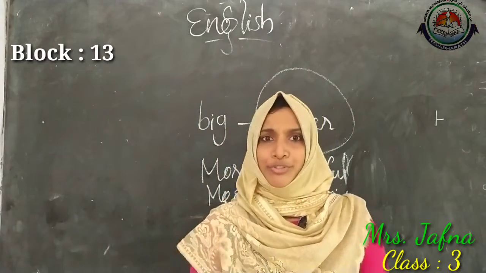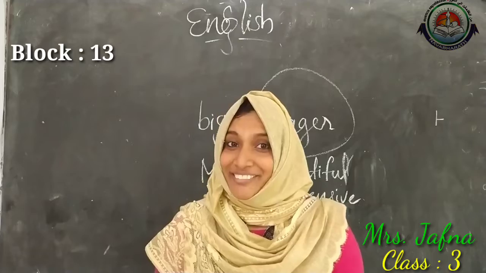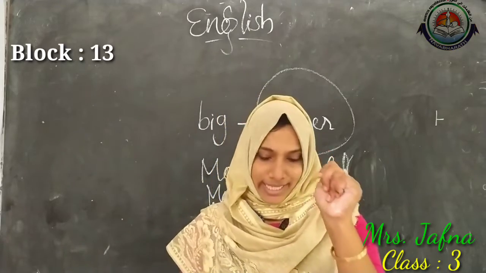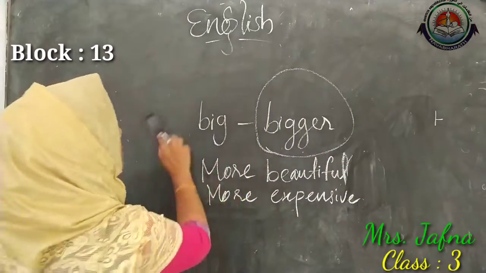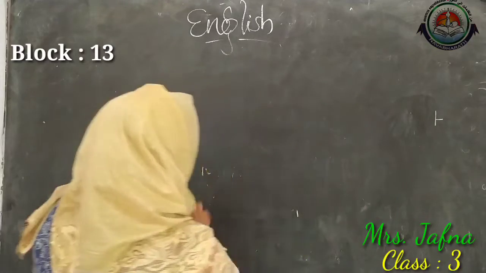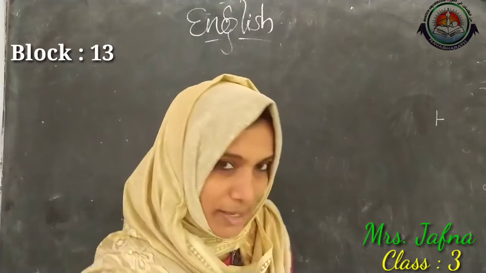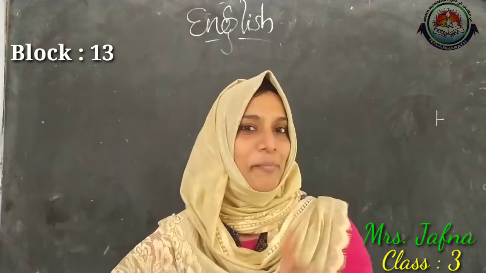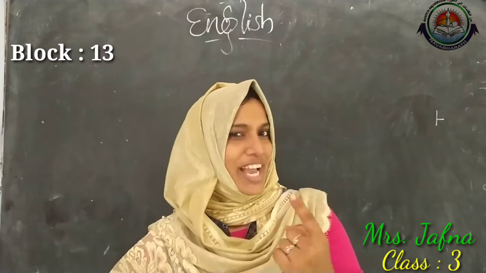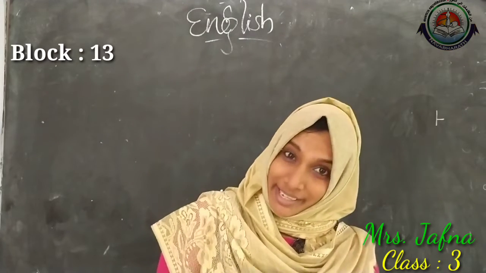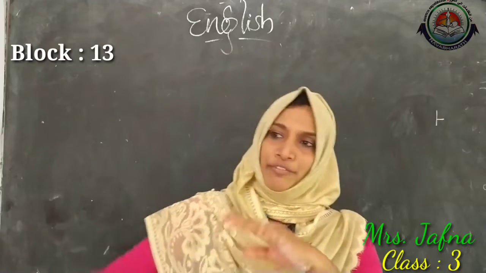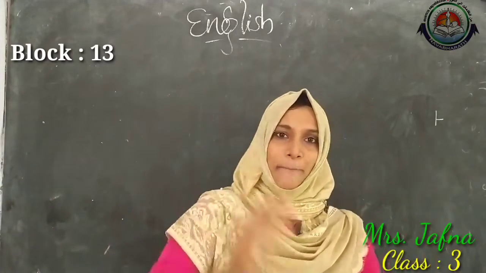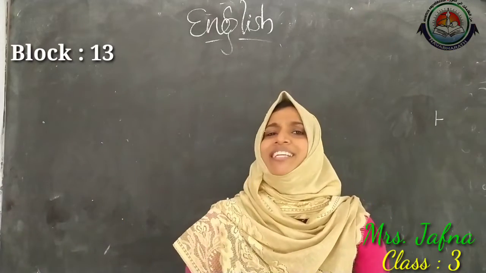Then what are we going to do today? Today we are going to make two paragraphs about Stephen's house and your house. Means we are going to compare. So we have learned, for comparing we will use words like smaller, shorter, bigger, cooler, nicer.